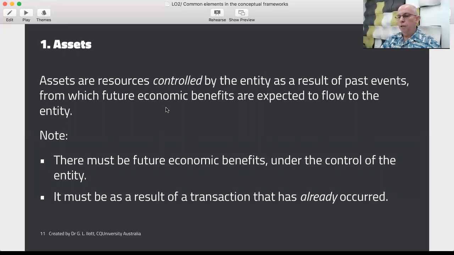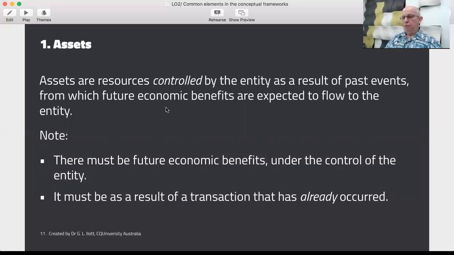Now, in years past, there was more emphasis on assets being owned by the entity, but now we talk about assets being controlled. Now, this has a major impact on how we record and report on leases, for example. So note that they need to be controlled but not owned.